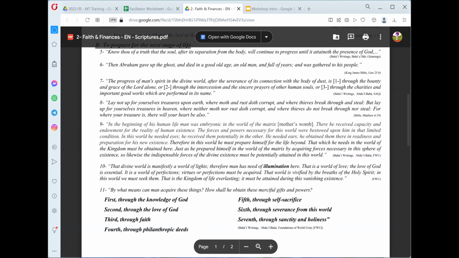Then Abraham gave up the ghost and died in a good old age, an old man and full of years, and was gathered to his people. That's from the Bible.